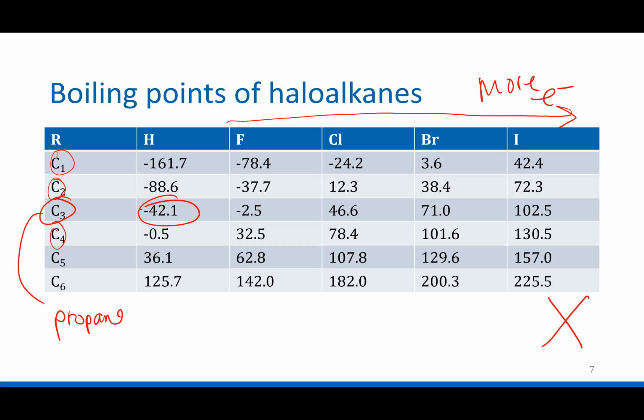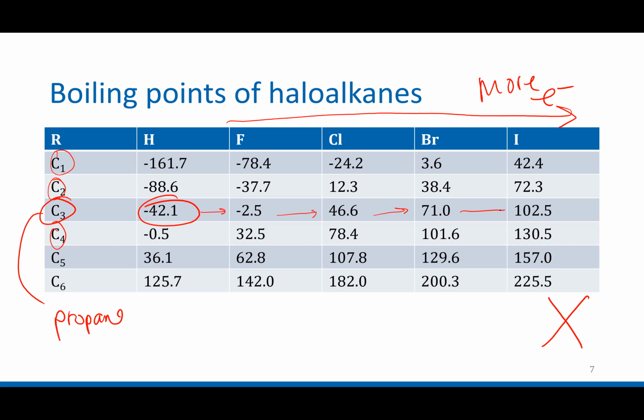Regular propane has a boiling point, meaning it turns into a gas at negative 42 degrees Celsius. Well, the minute you add one fluorine, that boiling point jumps to negative 2.5. So that's much, much higher. When you add a chlorine instead of a fluorine, it goes to the positives. It's about 47.